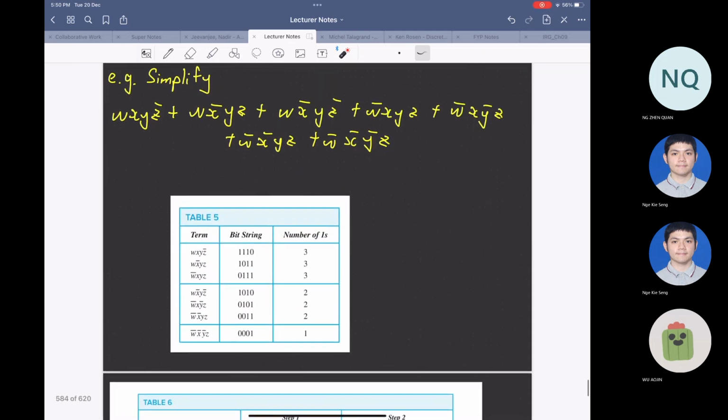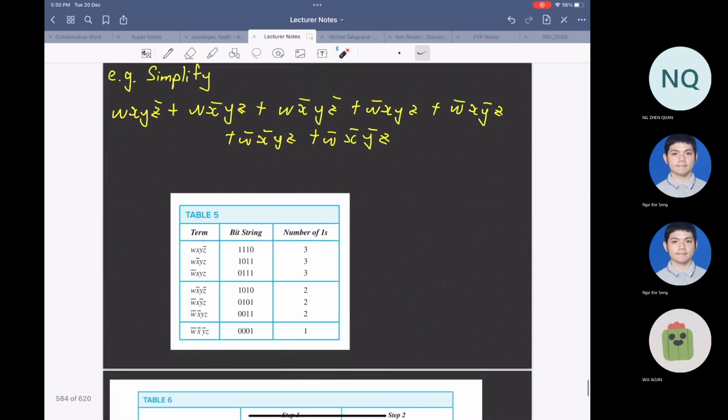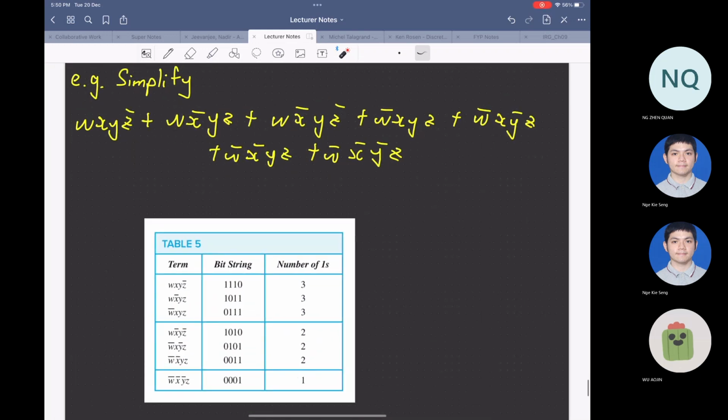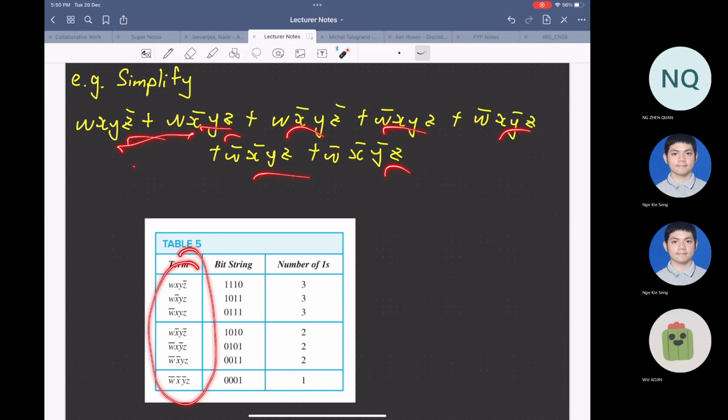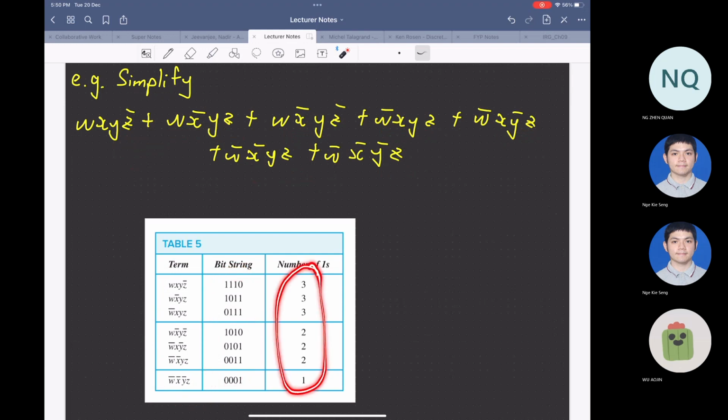So maybe look at this example here. This example has 7 min terms. Similarly, you produce the big stream, grouped by the number of 1s here, so that we can easily recognize the adjacent terms.